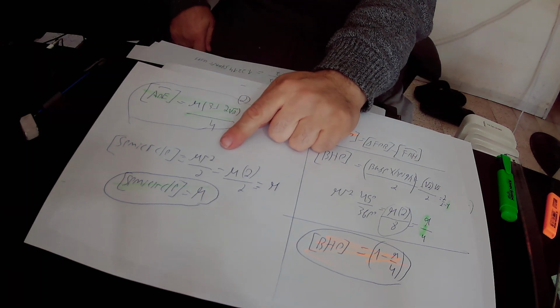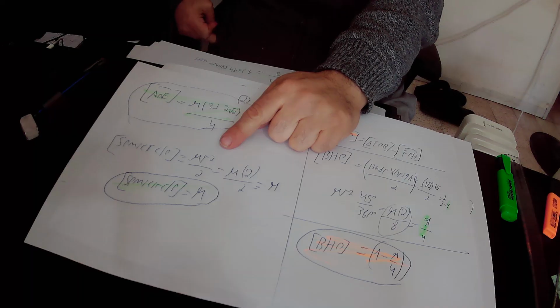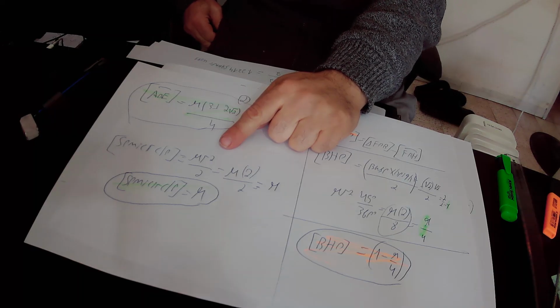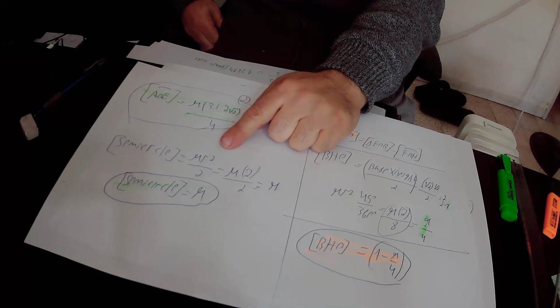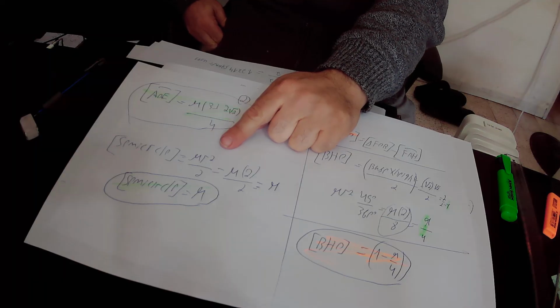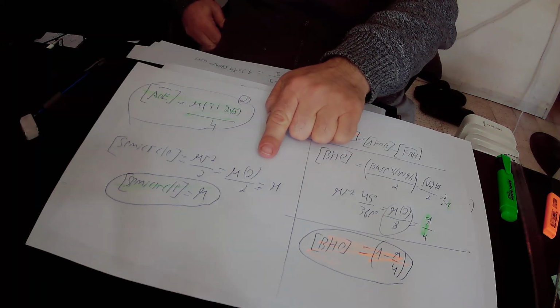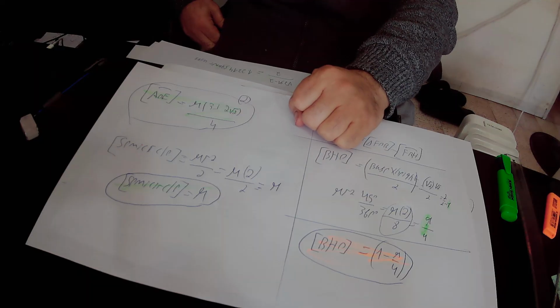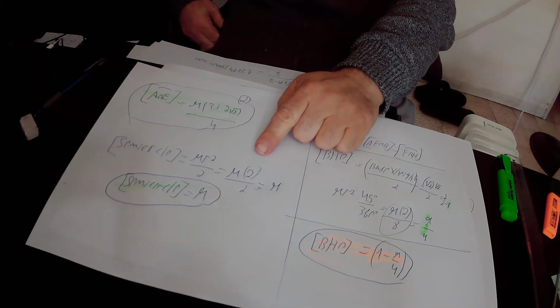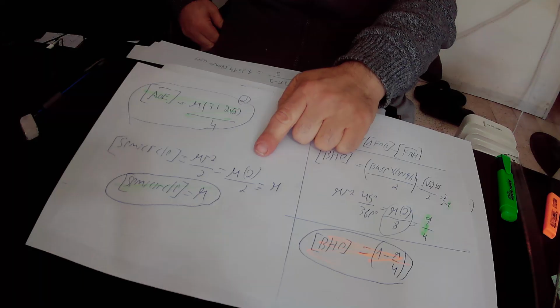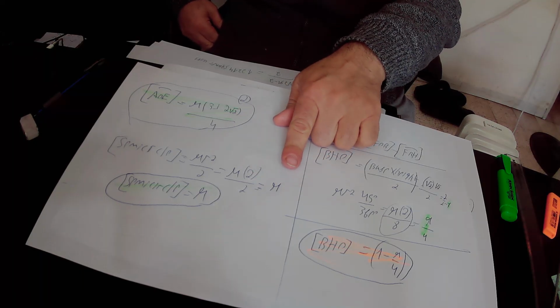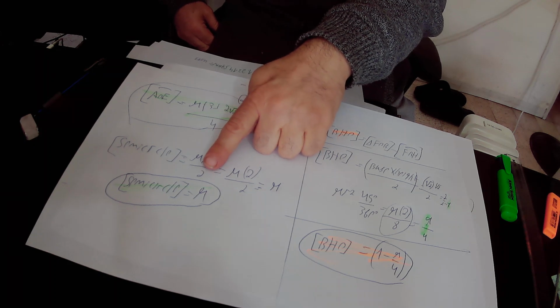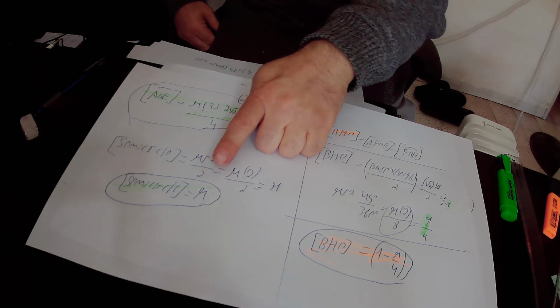It is given that the radius of the small semicircle r equals the square root of 2. If r equals the square root of 2, then r squared equals 2, divided by 2. So in total, the area of the small semicircle equals 2 pi over 2. 2 over 2 is 1, so we are left only with pi. We found that the area of the semicircle equals pi square units.